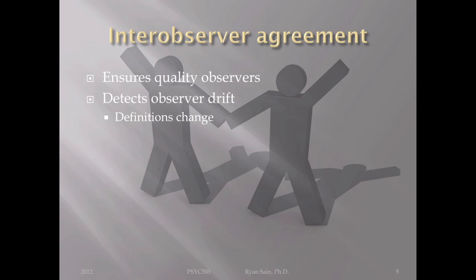Observer drift happens. Think of it if you're observing a four-way stop, and you start out with this really clear definition that a car must come to a complete stop. That little rock thing that happens when you finally stop your car, it kind of shakes forward a little bit after you stop completely. When that happens, then we've said the car has completely stopped.